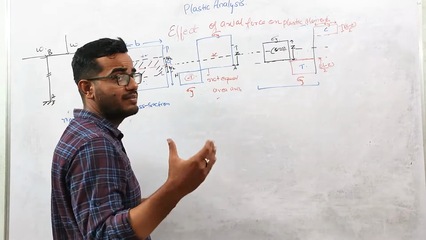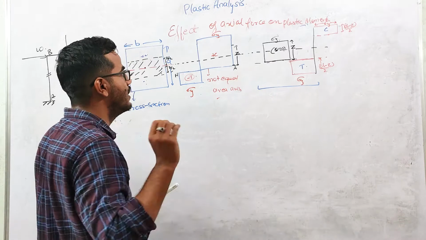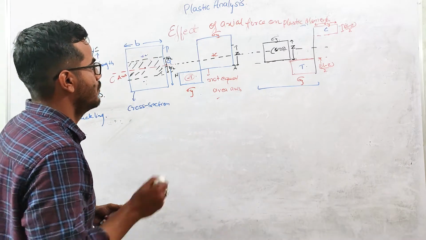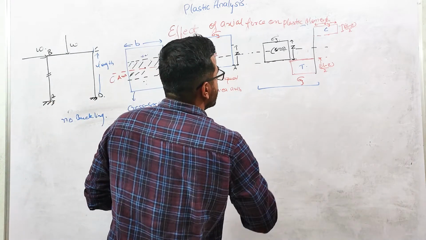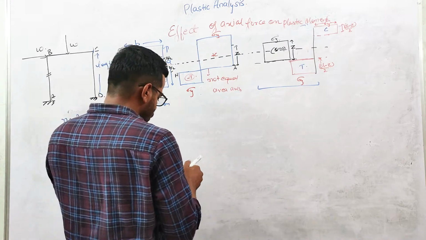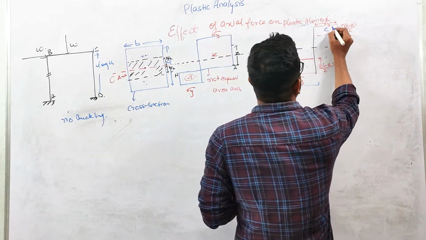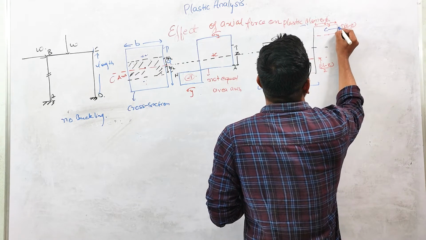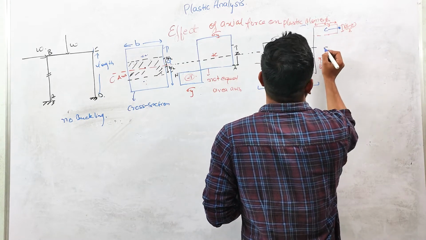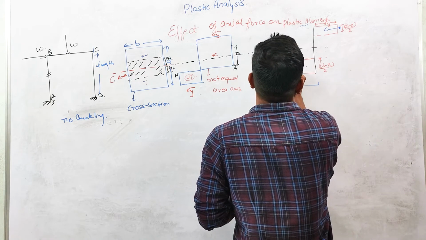And this stress diagram is at yield, when the cross section has fully yielded. So basically what I'm doing in this part is calculating the total force. Here this is compression, and let us suppose this is tension.